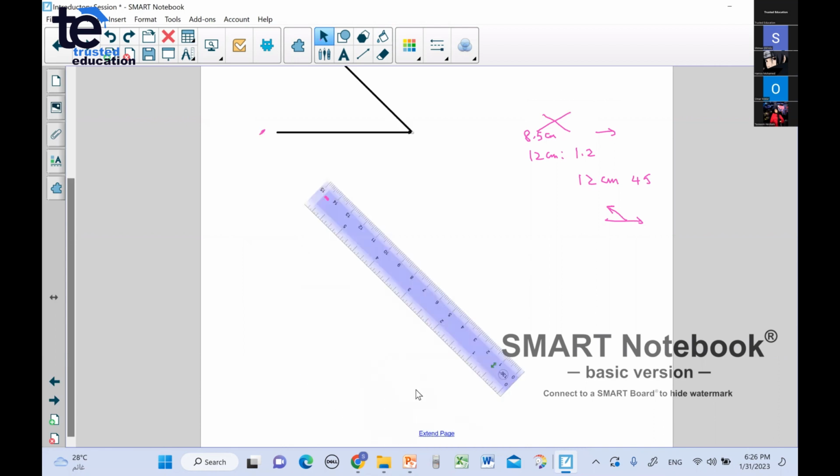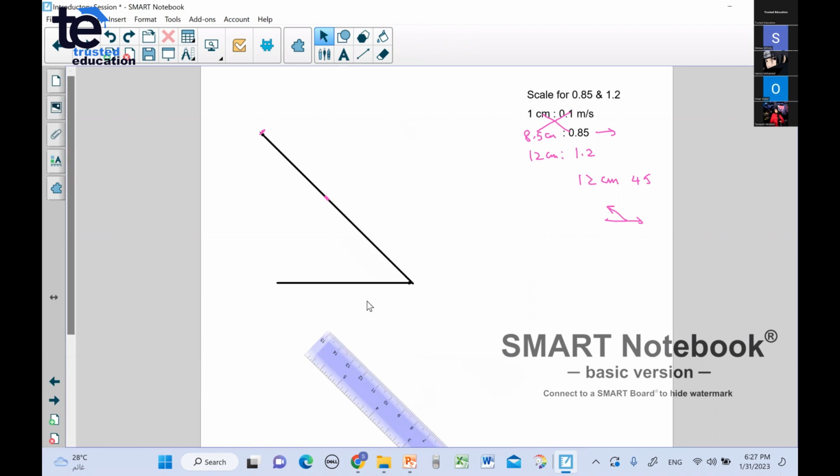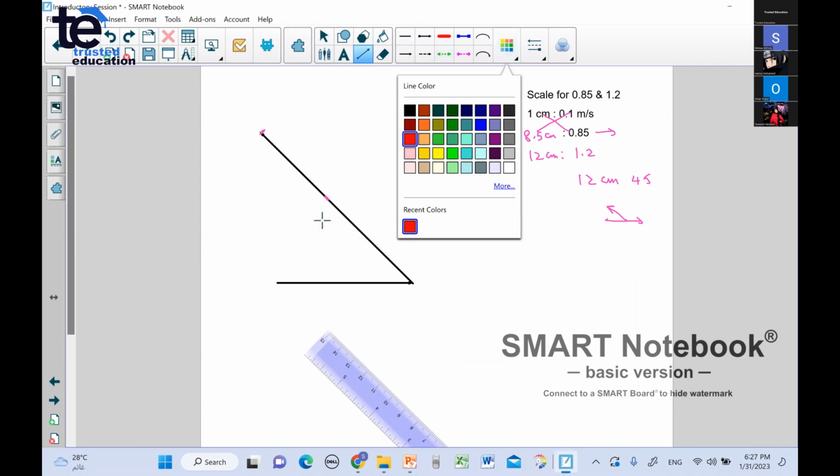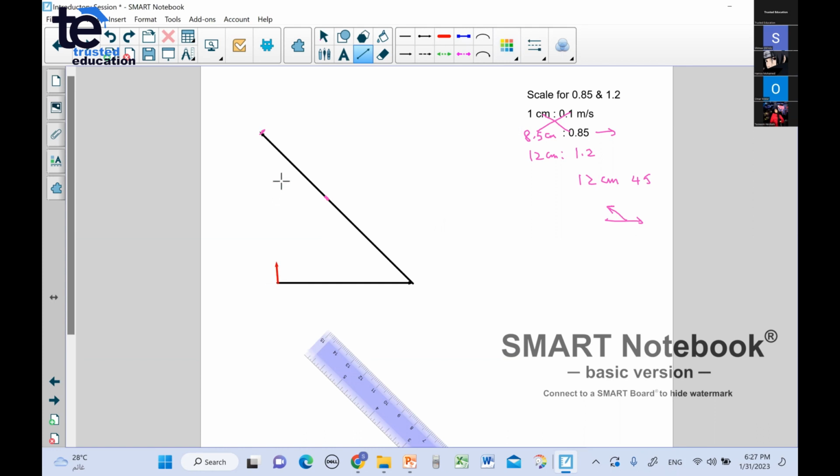Do you have any question related to this part? Now we will be drawing the resultant vector. How? I will show the resultant vector by the red color. This is the resultant vector.